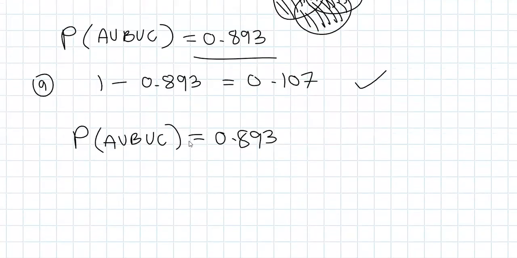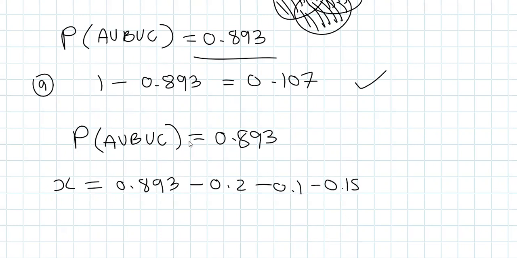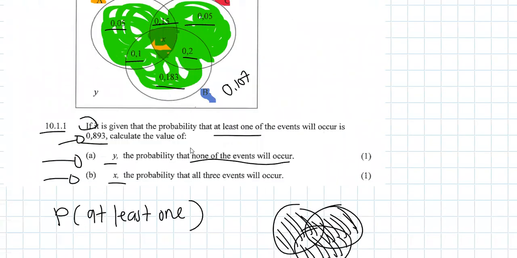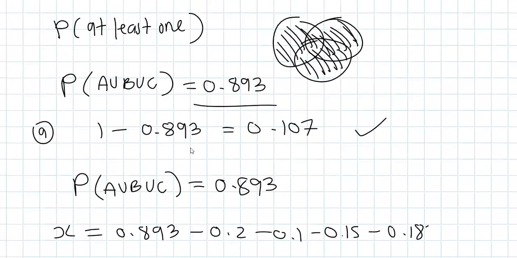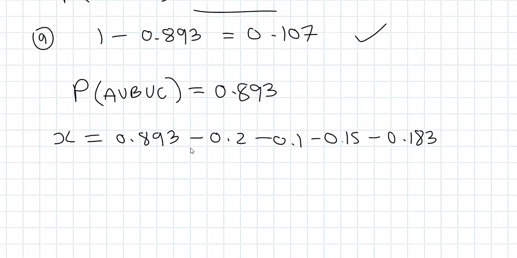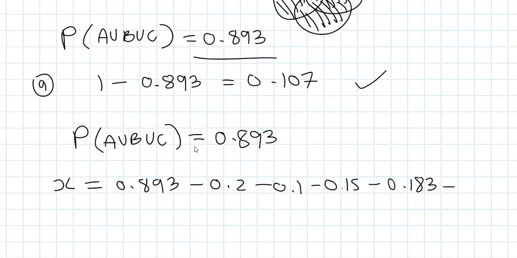So that will give us the X in the middle. So 0.893 minus 0.2 minus 0.1 minus 0.15 minus 0.183. What have we left out? The two 0.05s. Okay. All of that in the calculator, and X is equal to 0.16.